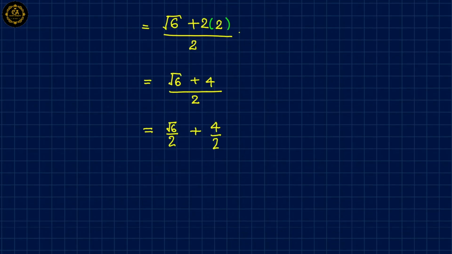Now, when we reduce this down, 4 divided by 2, we get 2. So we'll have root 6 over 2 plus 2. But I think it looks nicer when the part with a radical comes after.